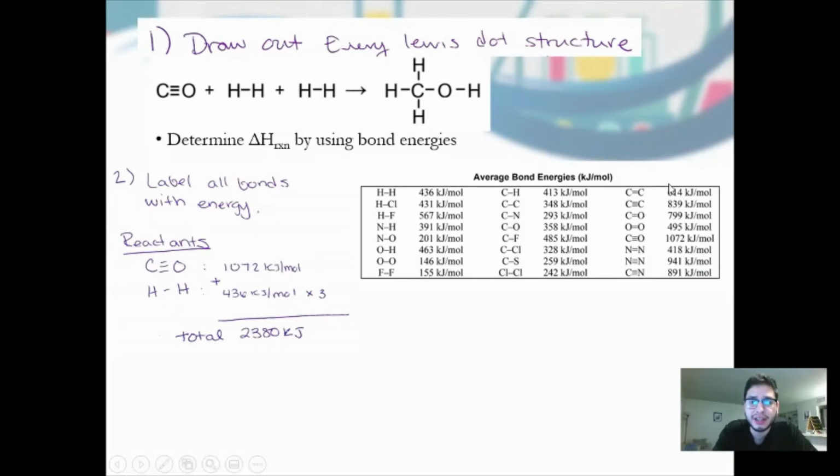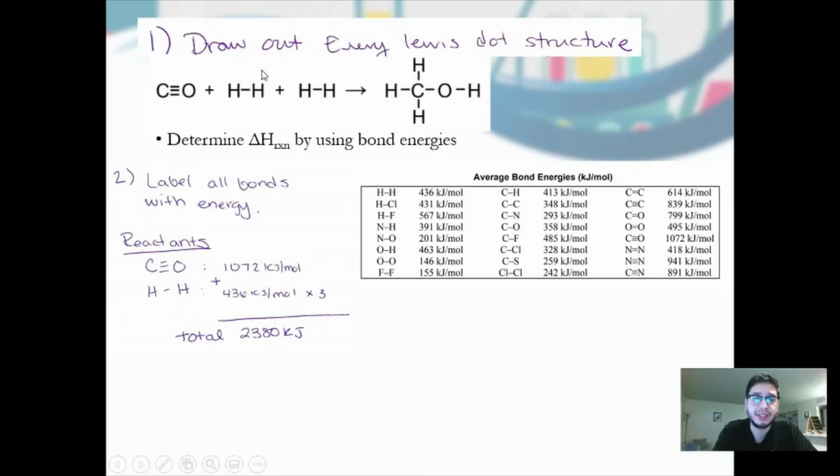I'm going to look at this third column, and there are 2 CO bonds here. One of them is much bigger than the other. But I need to remember that this is a triple bond, so I'm going to look at the 1072 kilojoules per mole. Notice that I only have one of them.